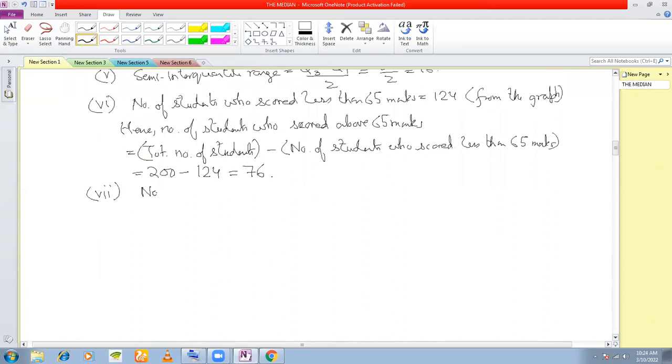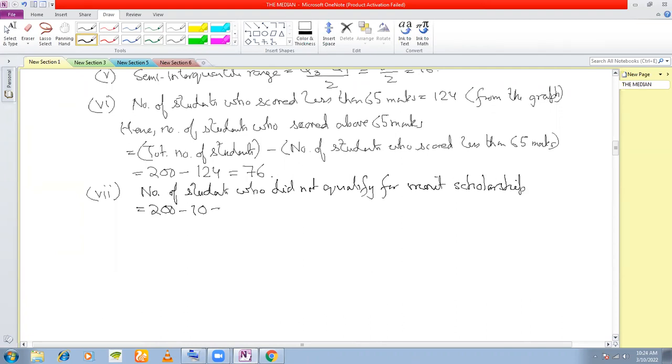Number of students who did not qualify for merit scholarship is equal to total number of students minus 10, because 10 students qualified. So 190 students did not qualify.